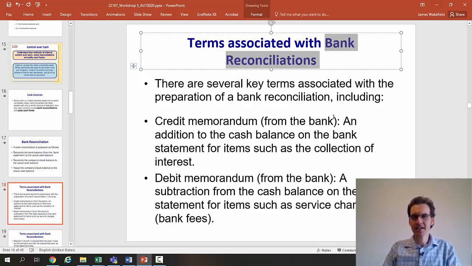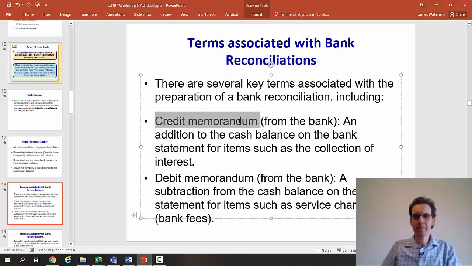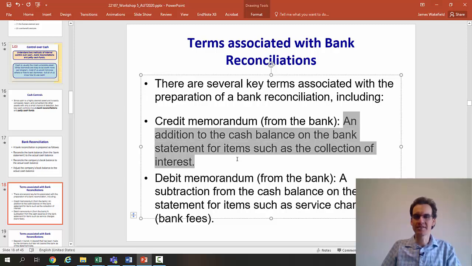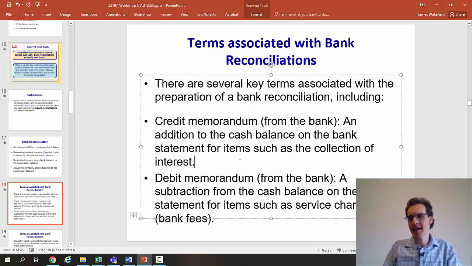And the first thing that we need to be aware of is what a credit memorandum is. And basically a credit memorandum is an addition to cash on the bank statement for items such as the collection of interest. So basically that means it's an amount that increases your bank balance in the bank statement. Gives you a higher balance.